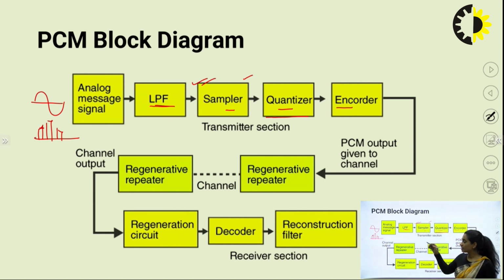Hence, we are reducing the infinite set of values into a finite one in case of amplitude. So the quantizer does that task for me. Now the final step will be converting those quantized values into binary sequences, and that is done with the help of an encoder. So encoding is the next step, right?